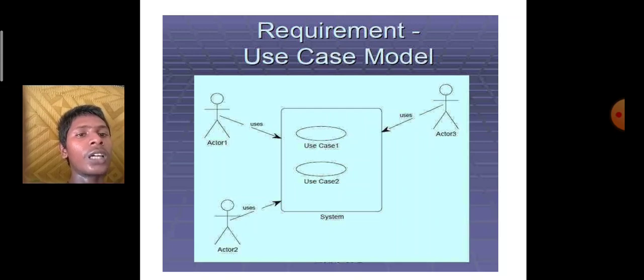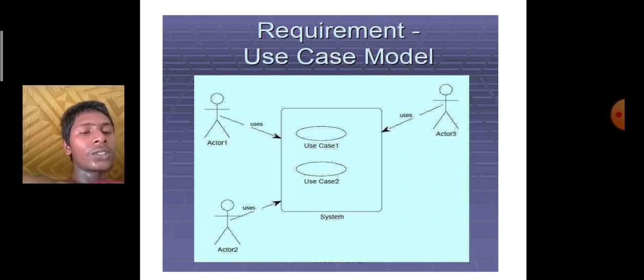Requirement use case model: actor 1 uses use case 1 and use case 2; actor 3 uses use case 1 and use case 2; actor 2 uses use case 1. The three actors are using the system.